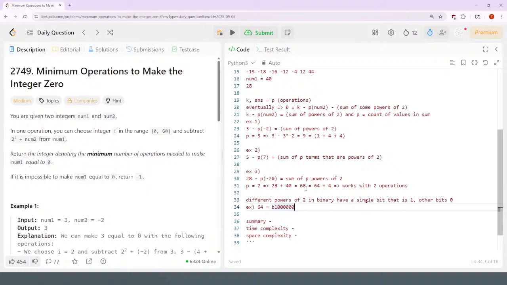And if you have a number, let's say 13, 13 is going to be in binary 1101. So 8 plus 4 plus 1. Right?